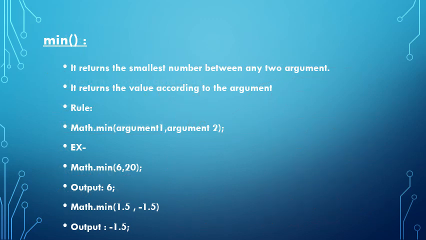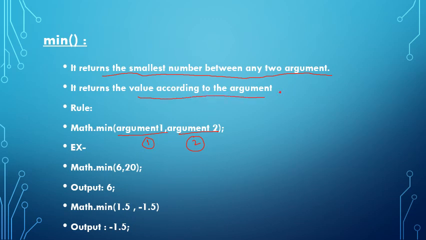It returns the smallest number between any two arguments. Math.min takes only two arguments, argument 1 and argument 2. We can't pass more than 2 arguments in Math.min.